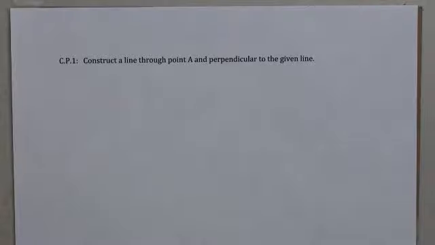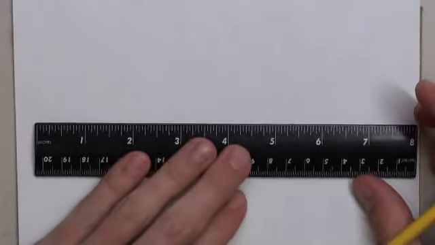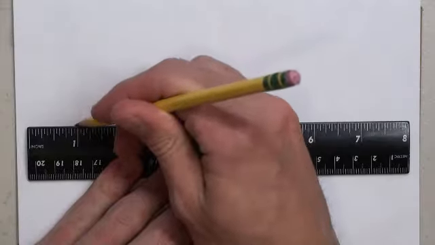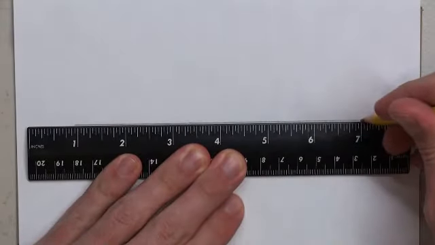So turn this over and write down the checkpoint problem. Construct a line through point A and perpendicular to the given line. So about halfway down, go from about the 1 to about the 7.